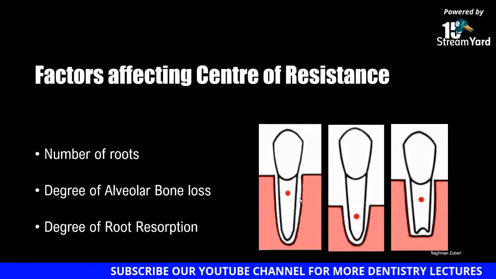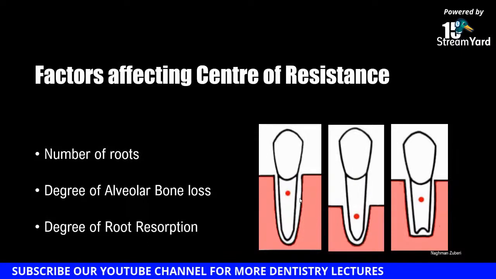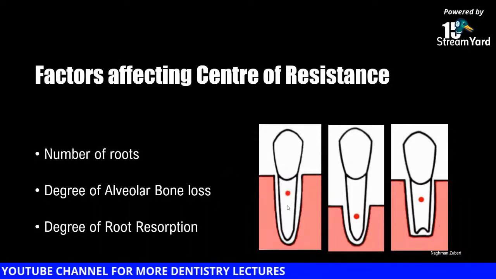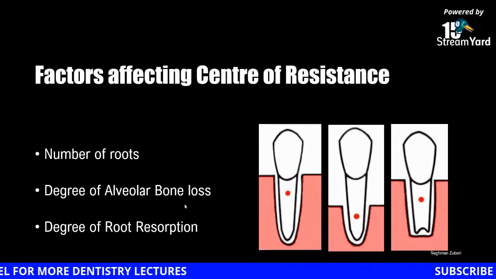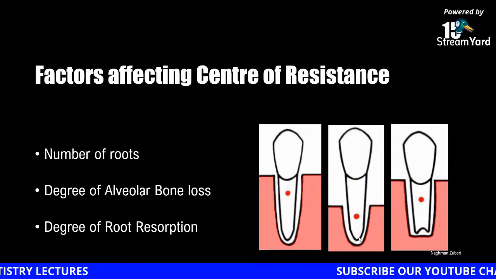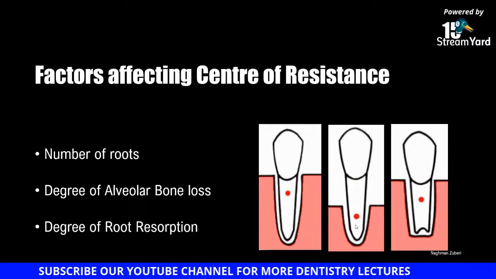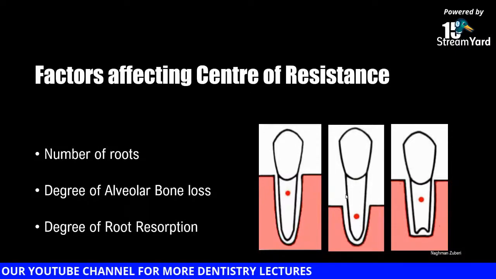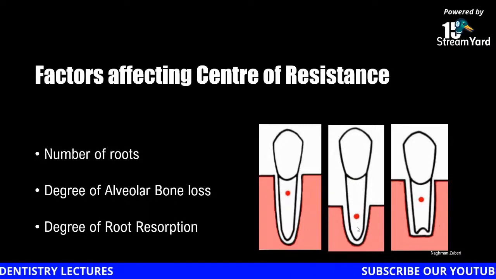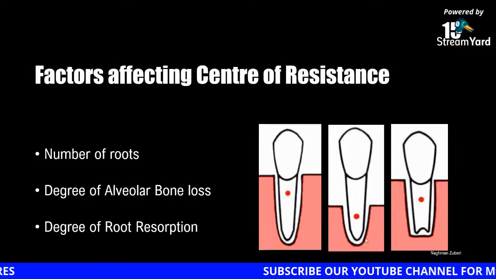Well, in multiple root teeth, it is going to be in the furcation area. Then the degree of alveolar bone loss. I have already mentioned that as the alveolar crest is resorbed, or the alveolar support is lessened for any reason, the center of resistance starts moving apically.